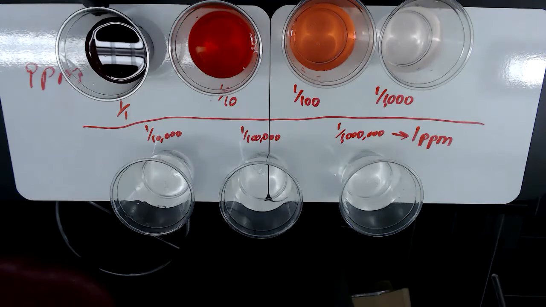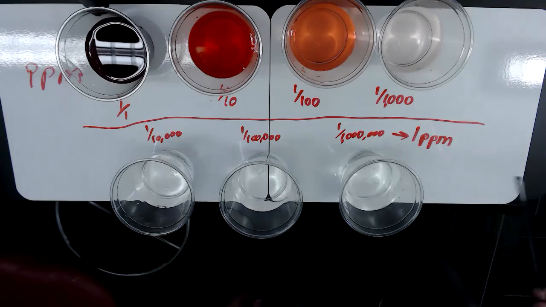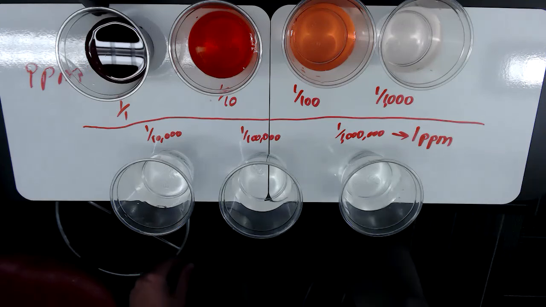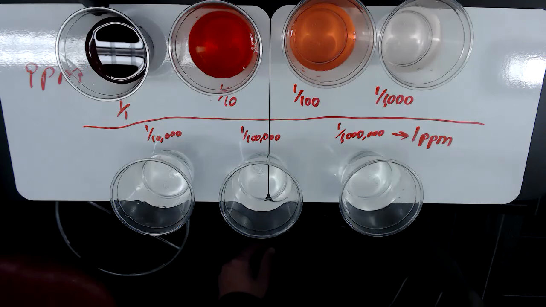And it's important to know this because over the next few days, we're going to be talking about the concentration of pollutants and salt in the oceans, and they're going to use the unit of parts per million. If we were to continue this, we could do another dilution, and that would be 1 part per billion. And there is occasionally pollution content using that unit. So this is what 1 part per million would look like in water.